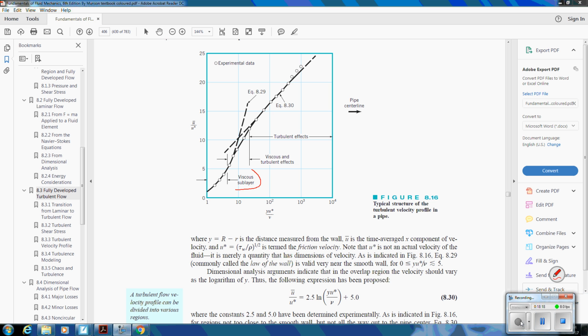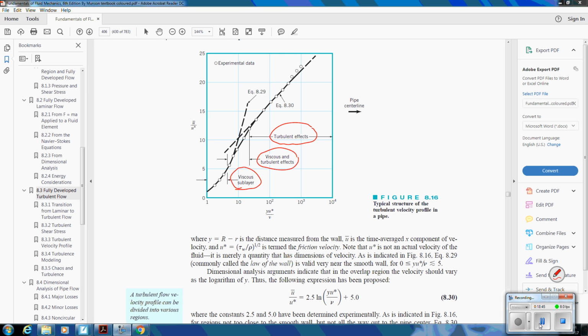The layer very close to the pipe wall is called a viscous sublayer, and the layer that is far away from the pipe wall, close to the center line, is the turbulent layer. And in between, both viscous and turbulent effects act. Both dominant. No one wins. And this layer, we call it a transition layer.